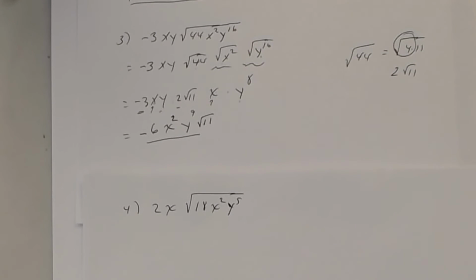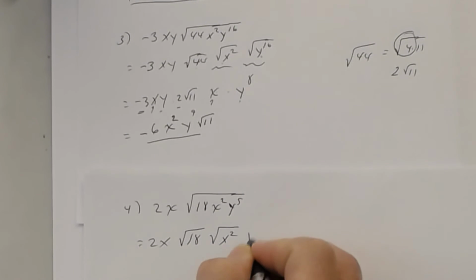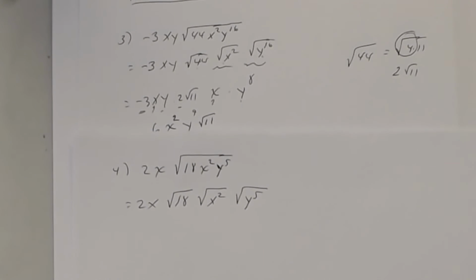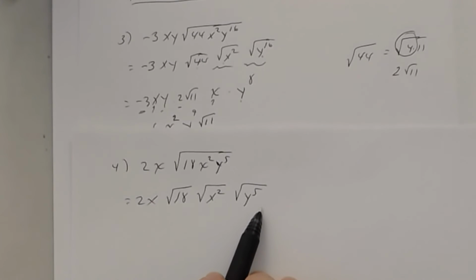Again, the same process. Rewrite that square root. So I get 2x times the square root of 18 times the square root of x squared times the square root of y to the 5th. And now you simplify each of those square roots.